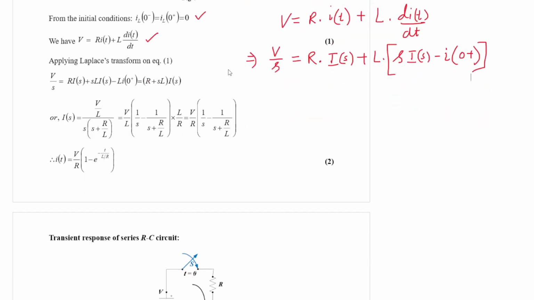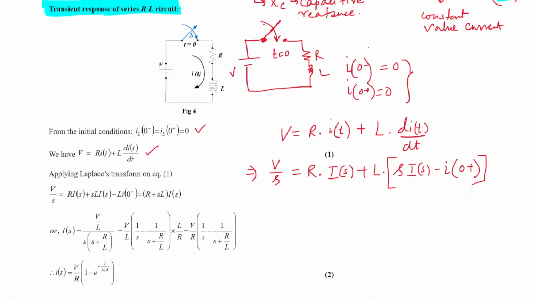Now we have checked from the initial condition that I0 plus will be equal to 0.